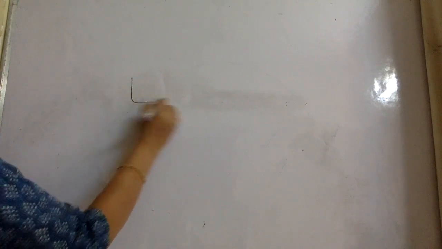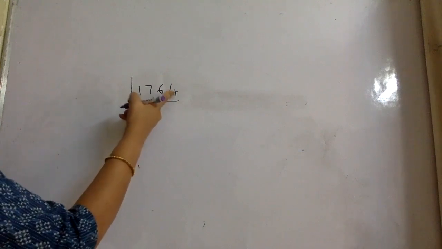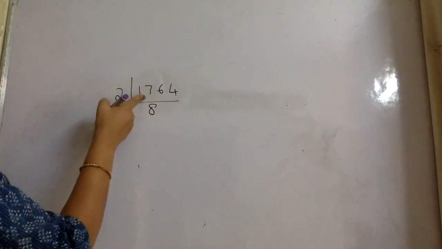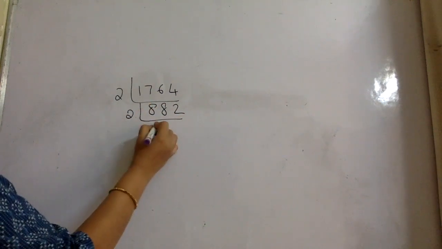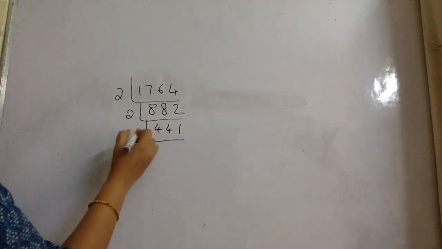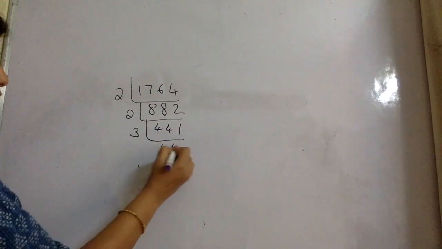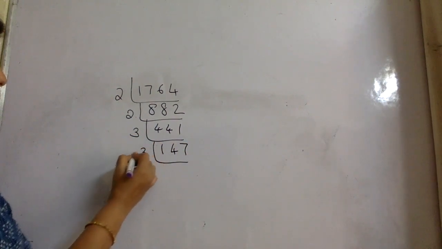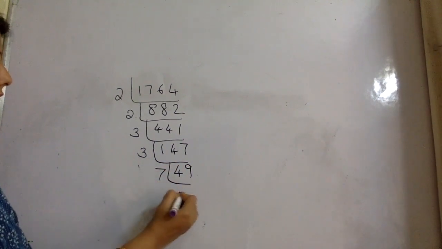Okay, that is, let's take 1764. It definitely goes by 2. So 2 8s are 16, 8, and then 2 2 4 4 1. Then it goes by 3. 3 1s are 3, and then 3 4s are 12, 3 7. Okay, 3 4s are 12, and 3 9s are, and 7 and 7.